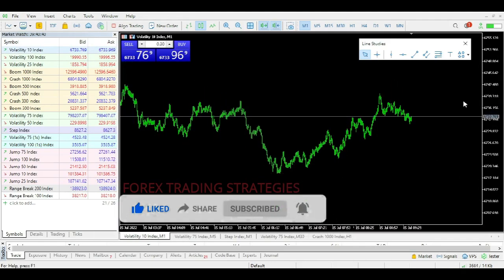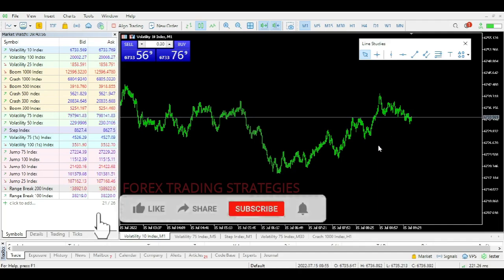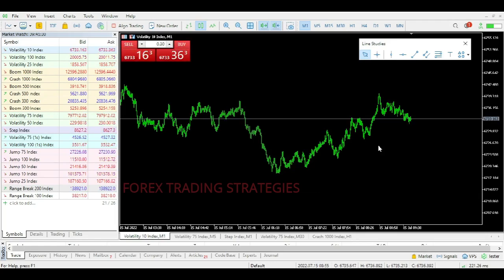We have volatilities, we've got the booms and crashes, we've got jump index, step index, range breaks. All this movement that you are seeing here is generated by a proprietary system on their server. So it's not affected by real world conditions.